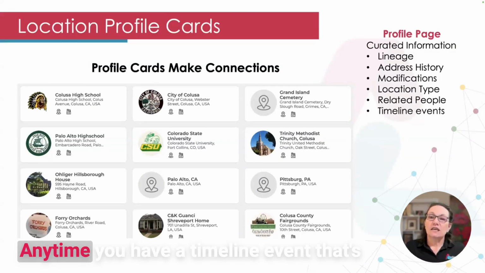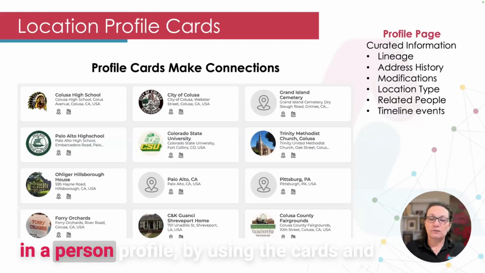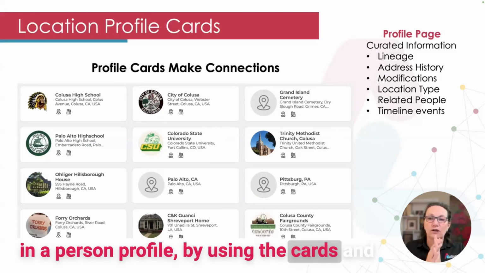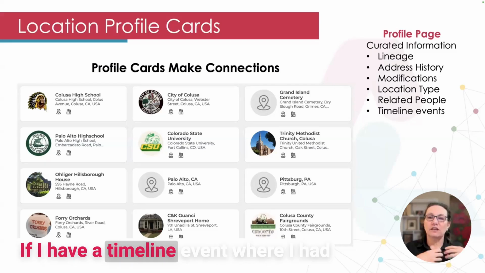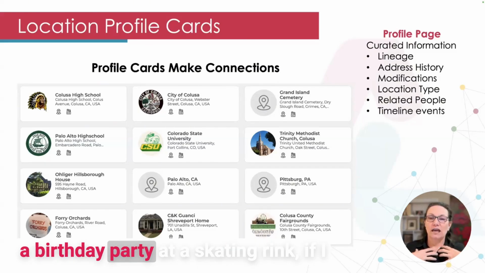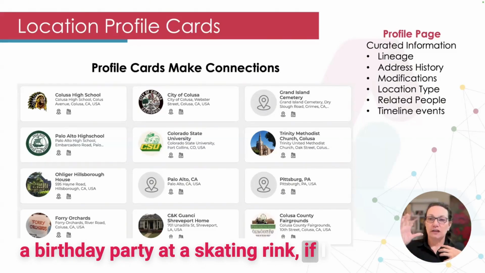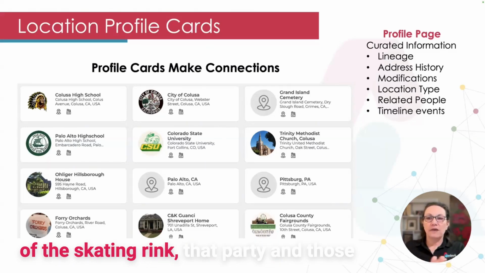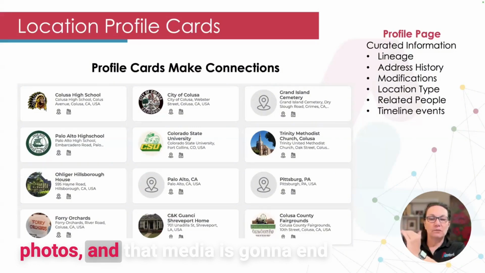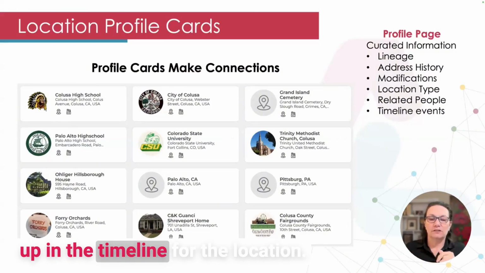Timeline events. Anytime you have a timeline event that's in a person profile, by using the cards and connecting and linking those profiles, if I have a timeline event where I had a birthday party at a skating rink, if I connect the profile card for the location of the skating rink, that party and those photos and that media is going to end up in the timeline for the location.